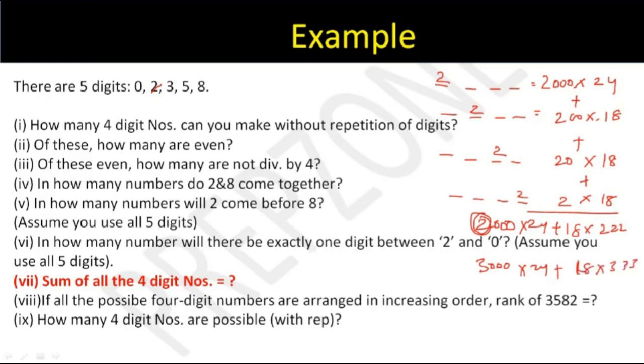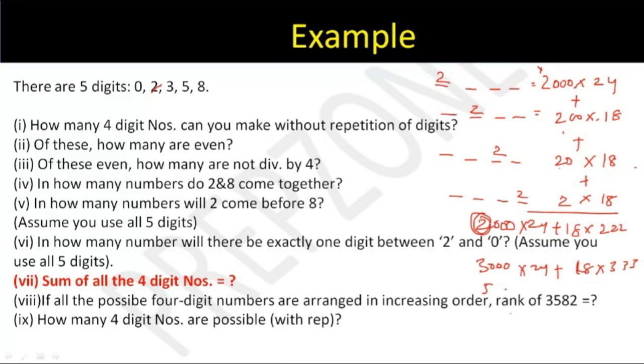Of course you can go and do it, but can you visualize that this is what the final expression would be? The only thing that changes in 3 is that instead of 2 you will have 3, 3, 3, 3. Similarly, you'll write this for 5000 and for 8000 as well.